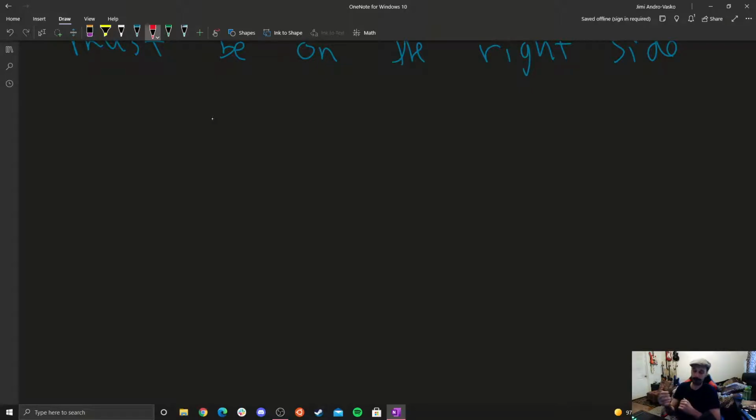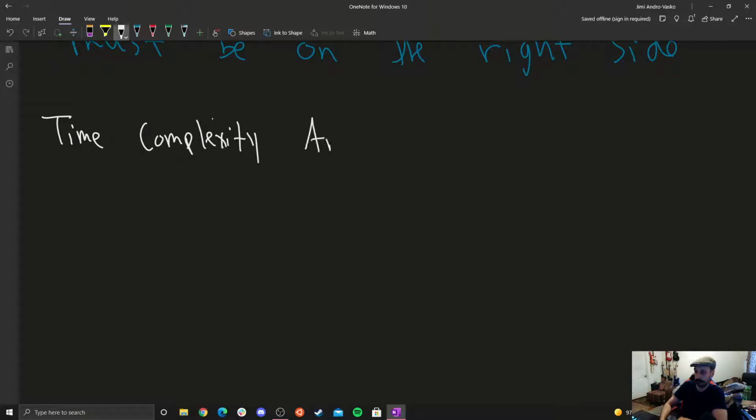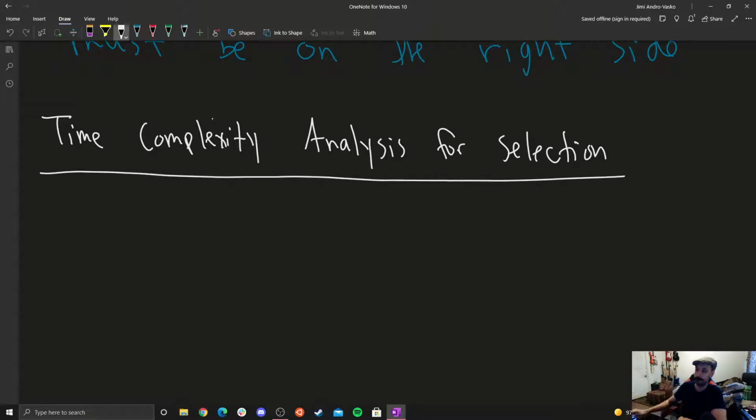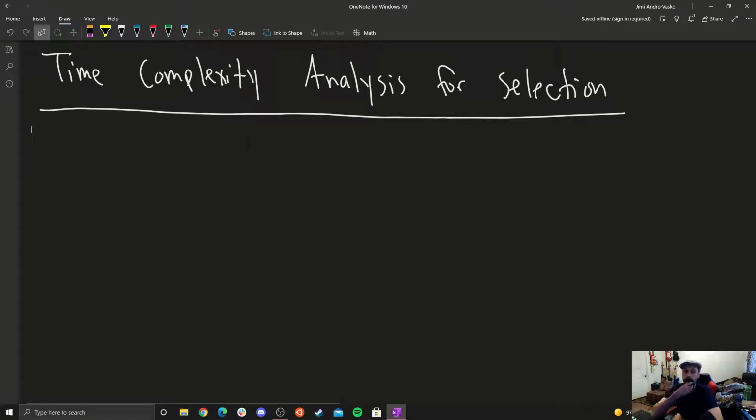Okay, so let's go over this. Time complexity analysis for selection. So let's go ahead and create this generic example right here. Let's say we have our list and we break it into these n over 5 pieces.